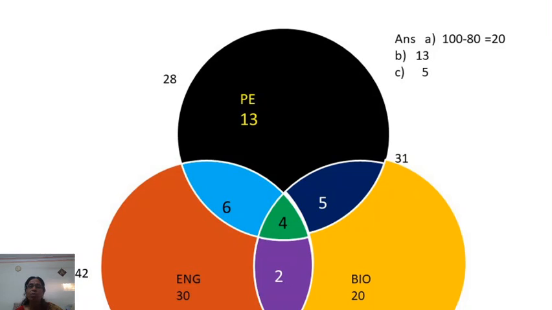None of the subjects means we subtract all these: 13 plus 6 plus 30 plus 4 plus 2 plus 20 and so on. So we get this as 80. 100 minus 80 equal to 20. So 20 students are such that they are not taking any subject.